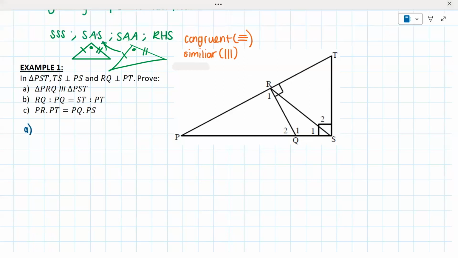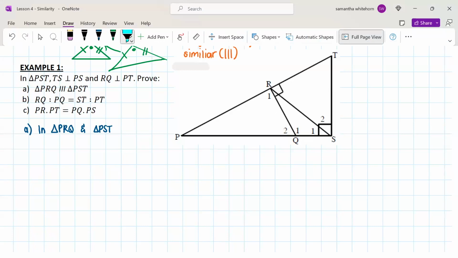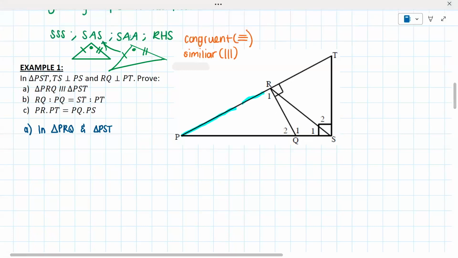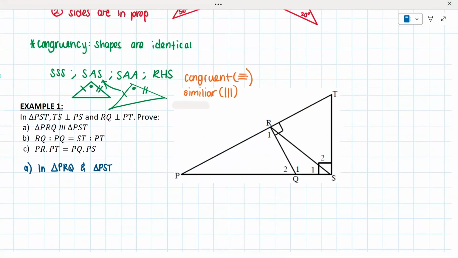All right, so when we do prove similarity, the first thing that we do is we state the triangles we're working in. So in triangle PRQ and triangle PST. Now, personally, I like to highlight my triangles because sometimes these diagrams do get quite complex. And honestly, to see what you're working with is sometimes a little tricky. So I just like to highlight it so that my brain can comprehend what it is I'm doing.